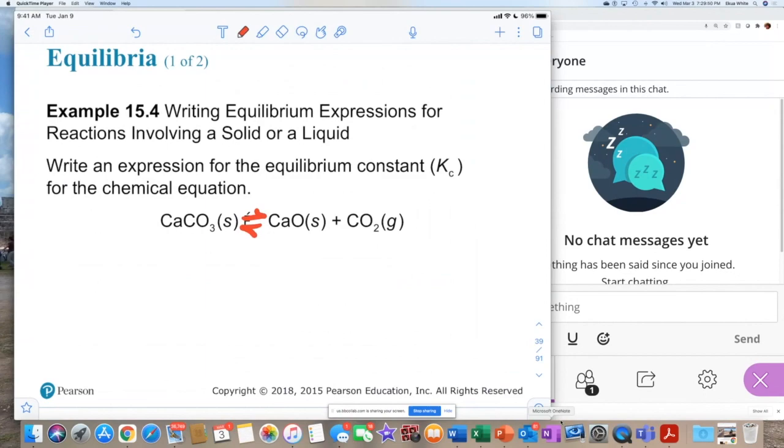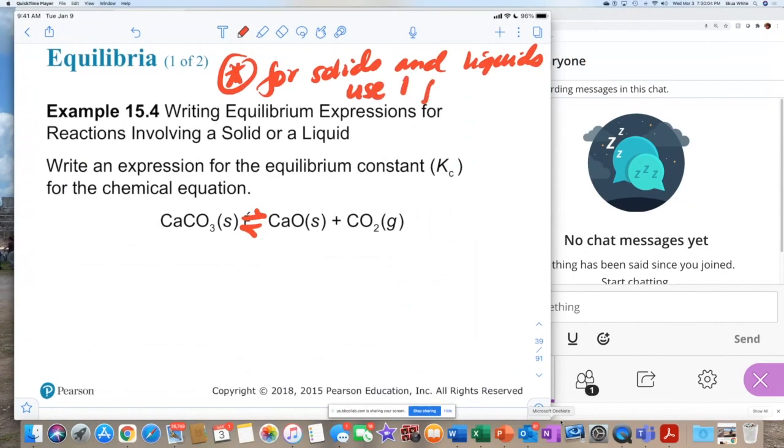So my hint to you guys is this: for solids and liquids, use the number 1 for equilibrium values if necessary.